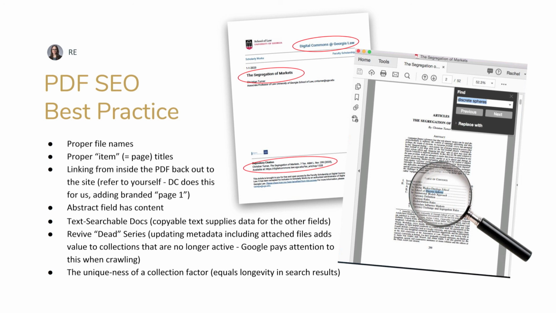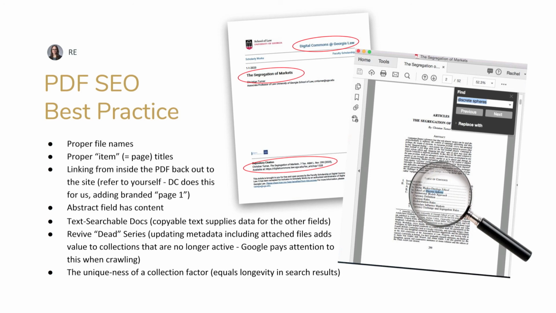So as we go through these, and again, our end goal being to OCR everything, we wanted to share some of the other reasons why this project is going to be so beneficial to our site as a whole in the future. Some of the PDF search engine optimization best practices that this project helps achieve is to give the documents proper file names.